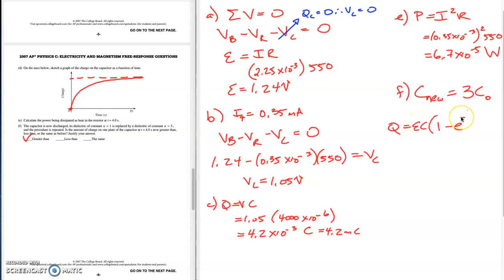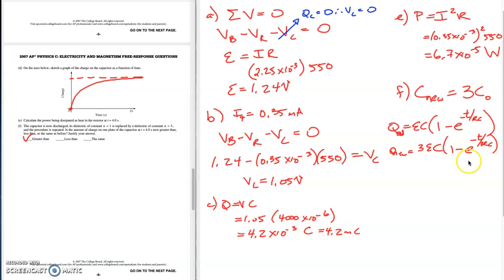Now, the equation that we derived in class for charge on the capacitor is as follows. It's 1 minus the exponential decay, which is how we get this curve. And we need to take a look at how this C changes. So this is old, and then we're going to have Q new, which is going to be 3EC times 1 minus e to the minus t over 3RC.